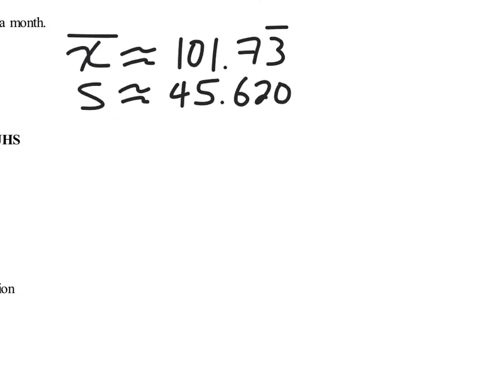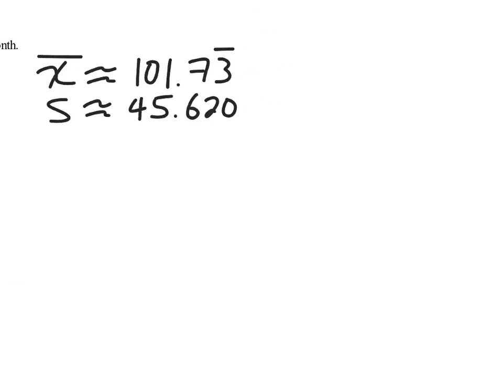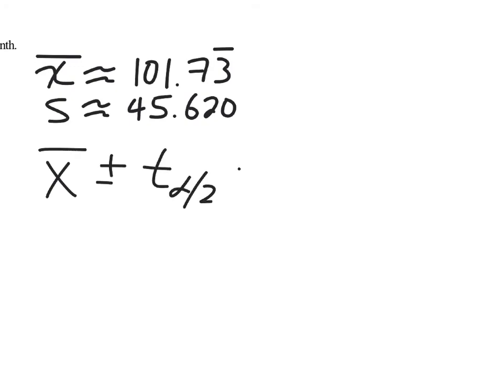Very straightforward, because it's the same formula that we used for the population mean situation where sigma was known, except now we're using a t-distribution. So it's x bar plus or minus t alpha over 2 times, instead of sigma over the square root of n, it's s over the square root of n.